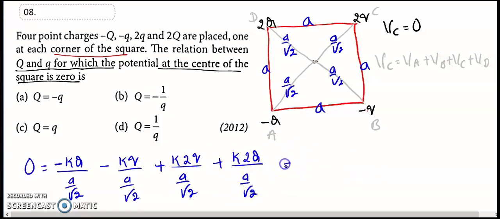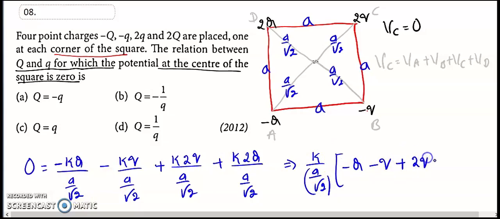What is the common factor? k divided by a by root 2 is common. What remains in the bracket is minus q, minus q, plus 2q plus 2 capital Q, equal to 0 at the center.